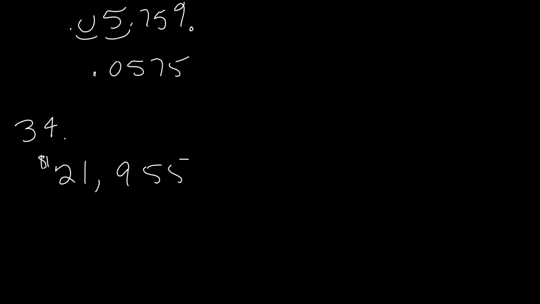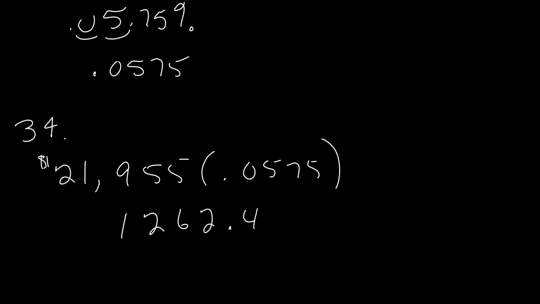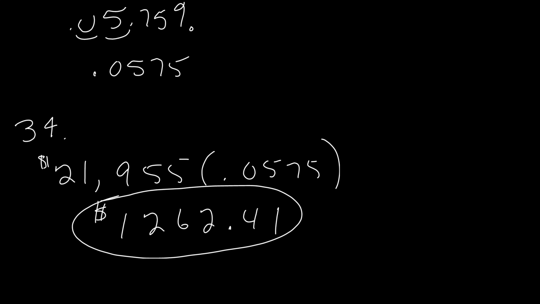I'm going to take that and multiply it by 0.0575. So take my calculator, 21,955 times 0.0575, and I get 1262.4125, so I'm going to round it to $1,262.41. That's my tax on that automobile.